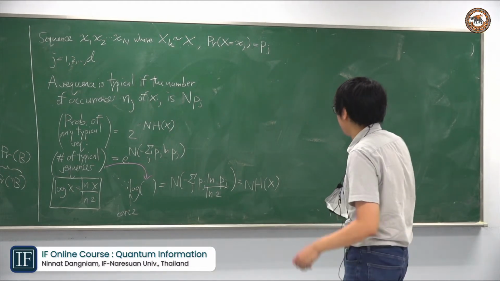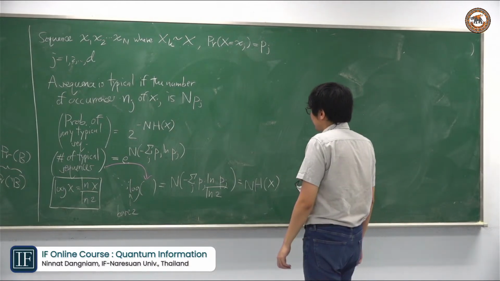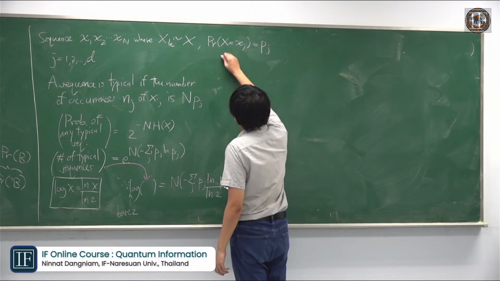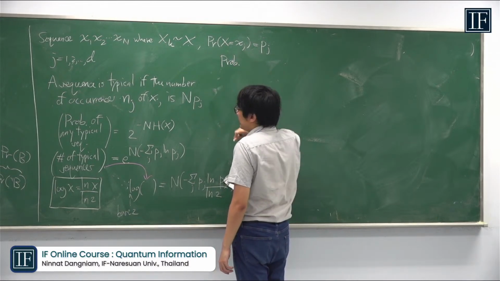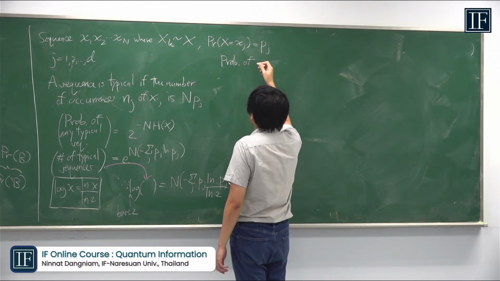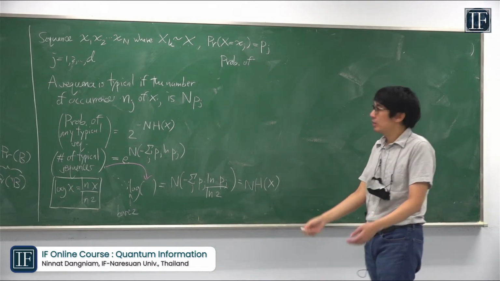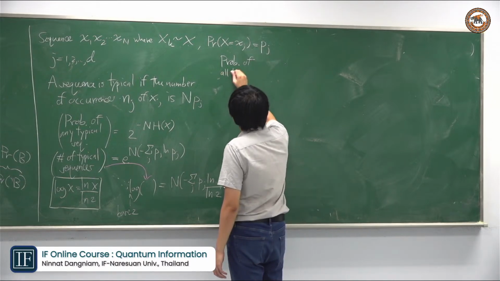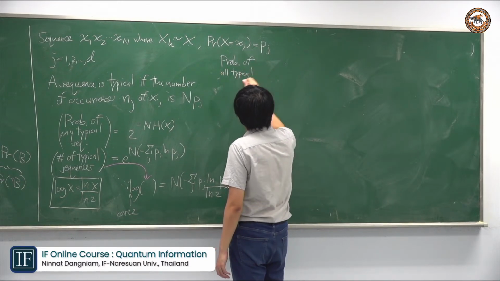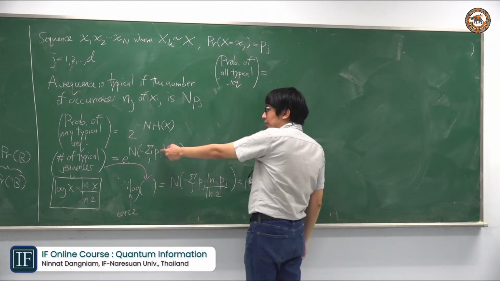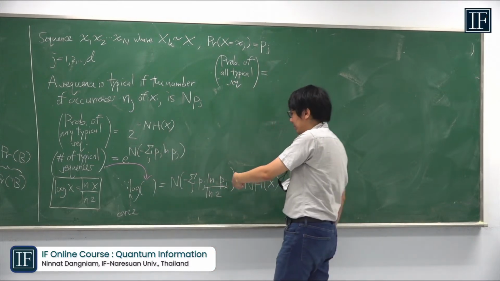And so I mentioned something about data compression. To be more explicit, what is the probability that we get from typical sequences? The probability of all typical sequences. So it's just the probability of each sequence times the number, right?